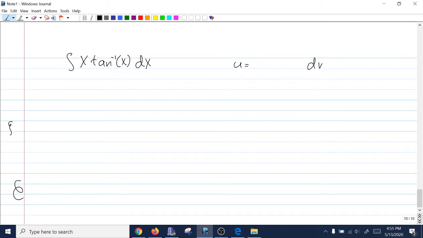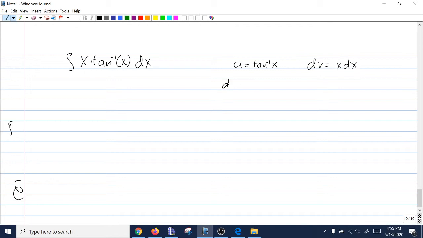I want a u, I want a dv. I see an inverse trig function. I always want u to be the inverse trig function, unless there's a log there. If you have both a log and an inverse trig, you're probably in big trouble. U is inverse trig, dv is everything else, x dx.